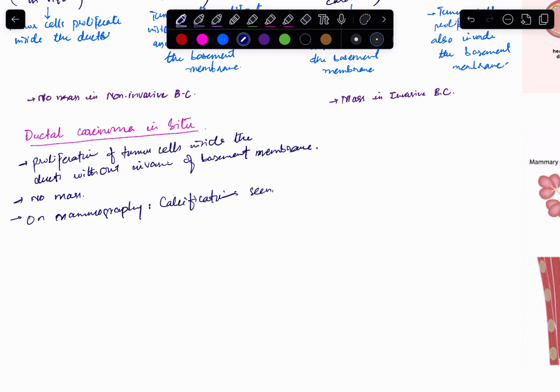Because calcifications are also seen in benign conditions. When we talk about the inflammatory conditions, like sclerosing adenosis and fat necrosis, you're also going to see calcification. It does not suggest a malignancy, right? These are benign conditions.